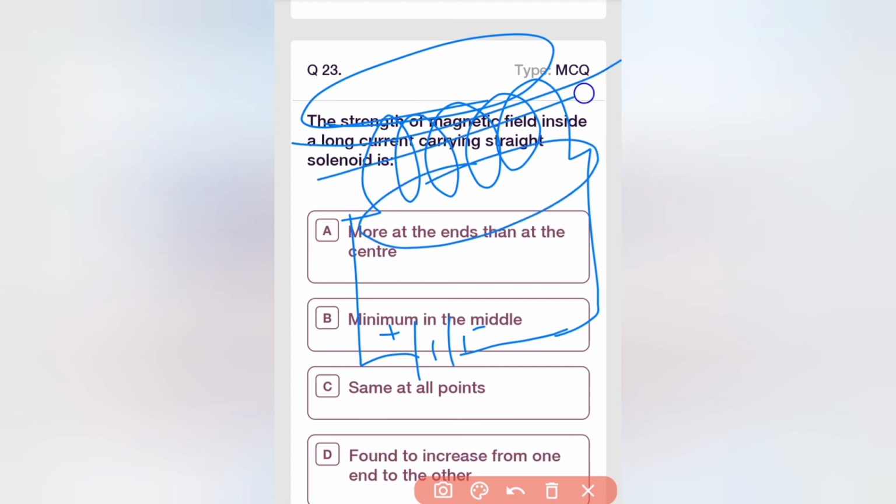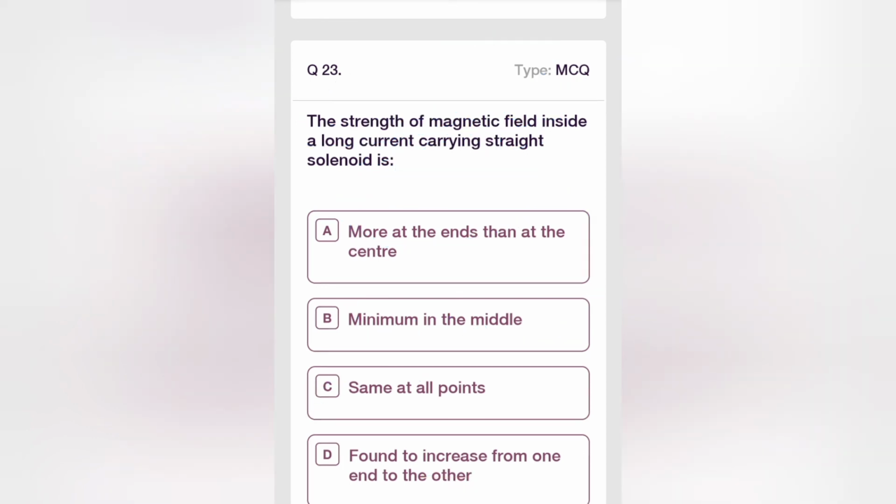Inside the bar magnet it is going to be parallel like this. So they are uniform, same at all points. Let us see the options. Option A, more at the ends than at the center. No. Minimum in the middle. No. Same at all points. Yes. Found to increase from one end to another. No. Option C is the correct answer. Same at all points, uniform.